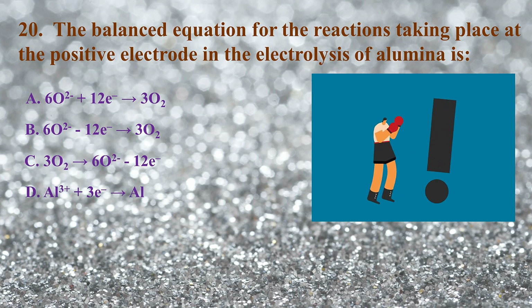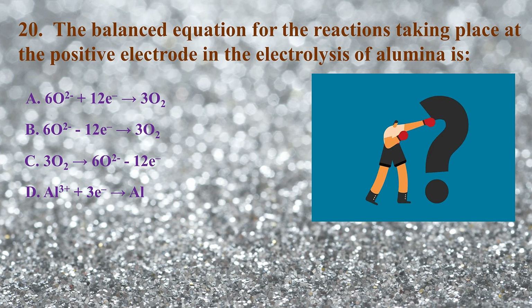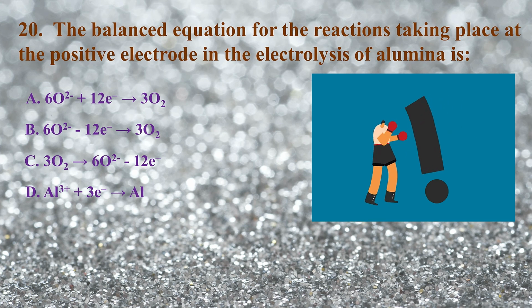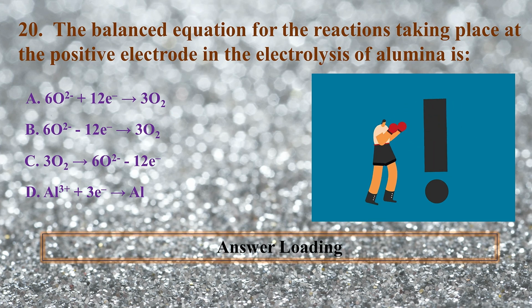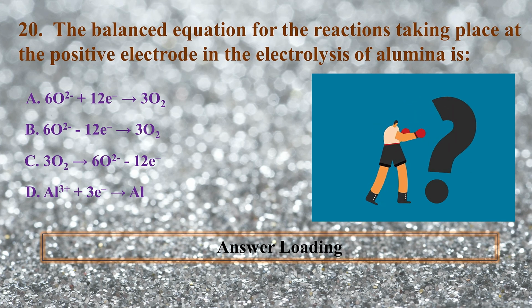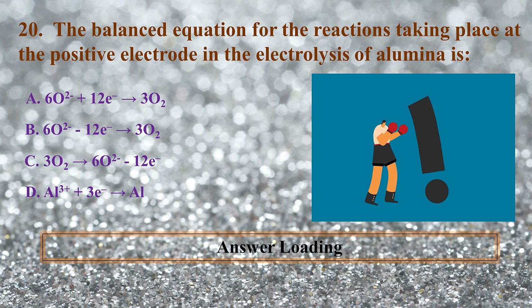Option D is Al3+ plus 3 electrons forms aluminium. Positive electrode is the anode and it is positive in charge. So definitely negative ions will move towards it. So your time starts now. Think about it.